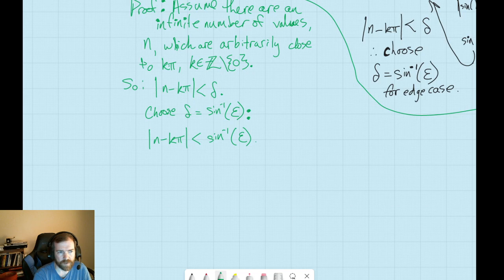If we take the sine of both sides, we get the sine of absolute value, n minus k pi being less than epsilon.